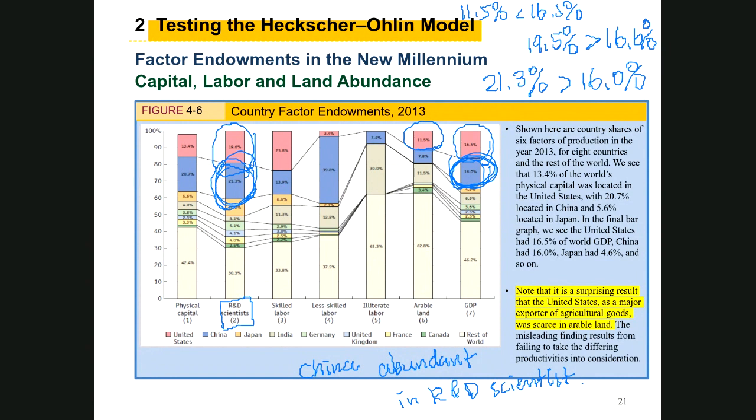So based on our logic before, we could conclude that the U.S. is scarce in arable land. But this is a very surprising result, right? Because people believe that the U.S. is supposed to be a big exporter of agricultural goods to the world.